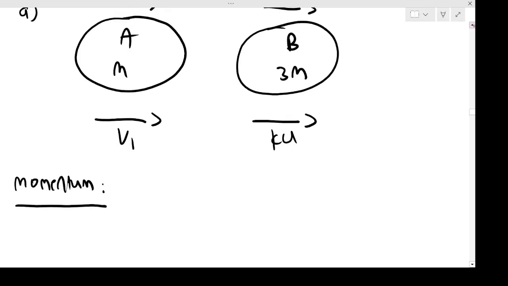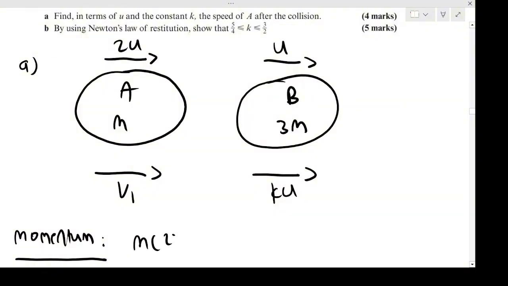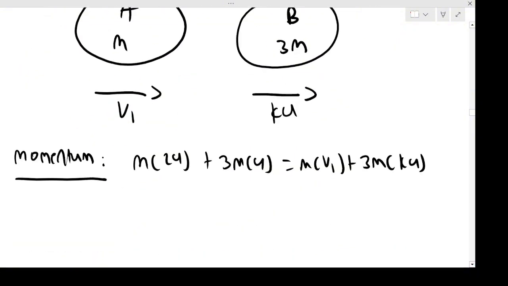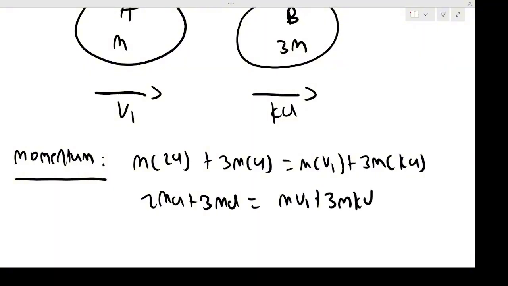So that's going to be m lots of 2u plus 3m lots of u. It's going to equal m lots of v1 plus 3m lots of ku. Again, there's algebra in here, but it's the exact same steps. Don't be put off. So we have 2mu plus 3mu, which is mv1 plus 3mku.